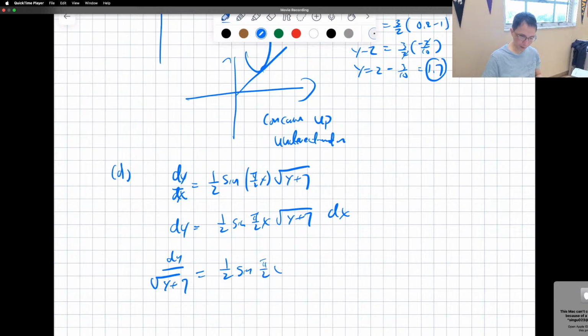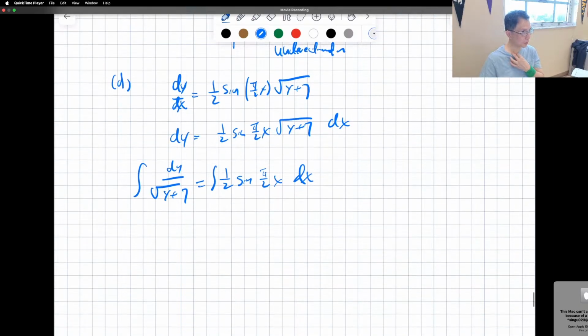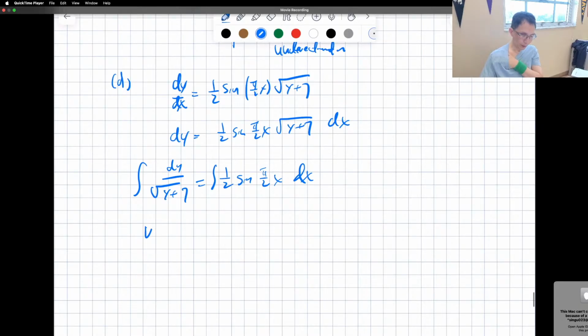(pi over 2)x. Now the reason why this question is kind of difficult is because they both have a u substitution. u equal to y plus 7, du equal to dy.